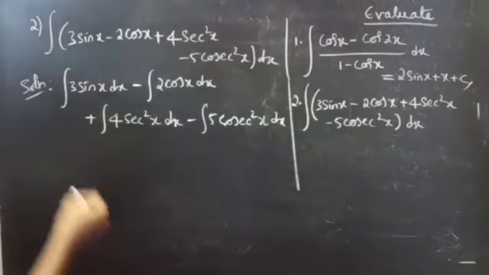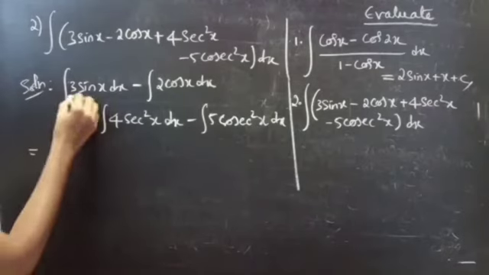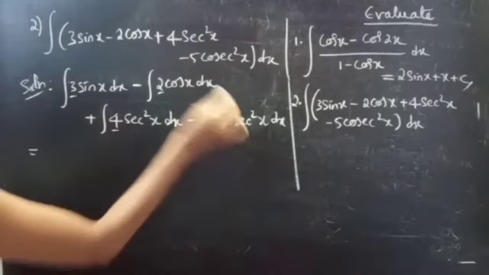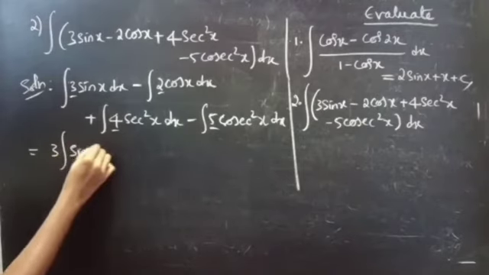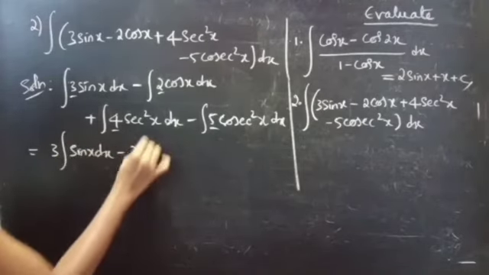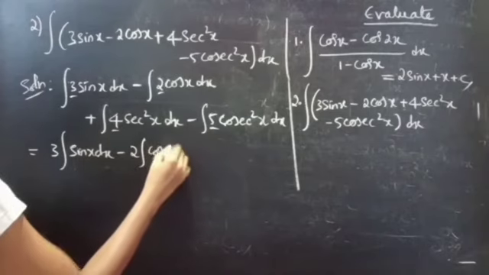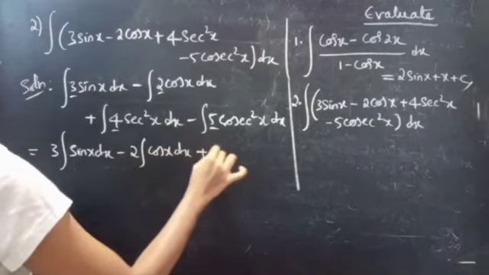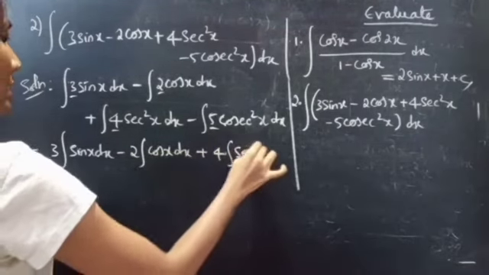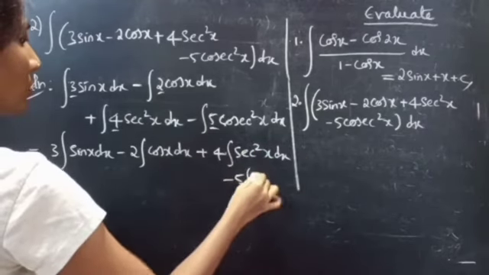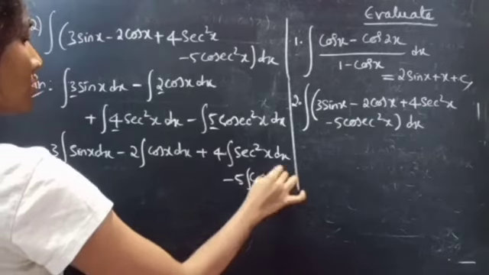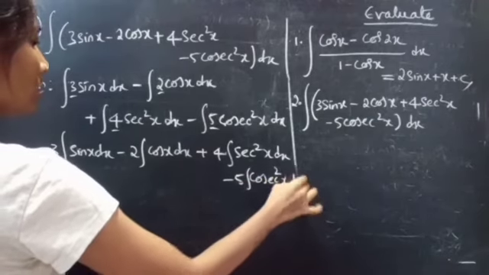Okay, so now take the constants outside the integral. 3 into integral sin x dx minus 2 into integral cos x dx plus 4 into integral secant square x dx minus 5 into integral cosecant square x dx.